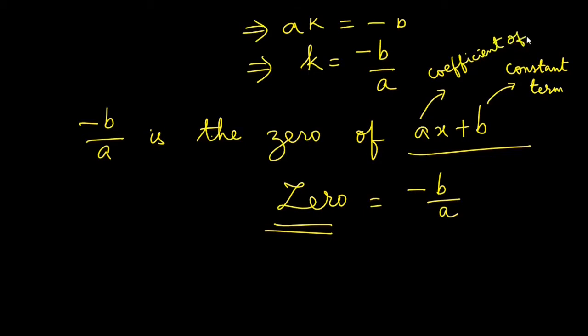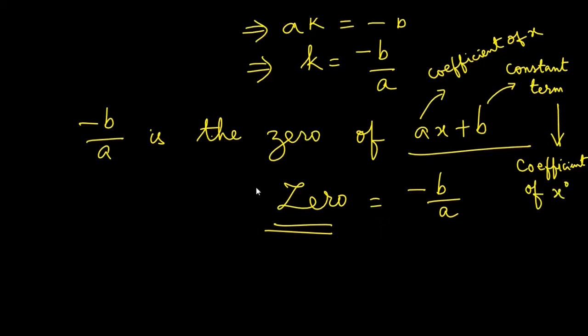Here we see that there is a relation between 0 and the coefficients of the polynomial. Constant term is also included in coefficients because constant term is coefficient of x power 0.